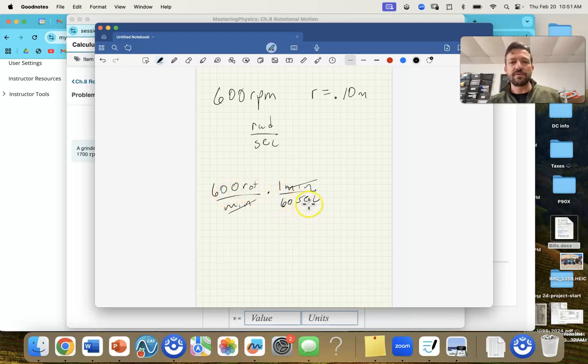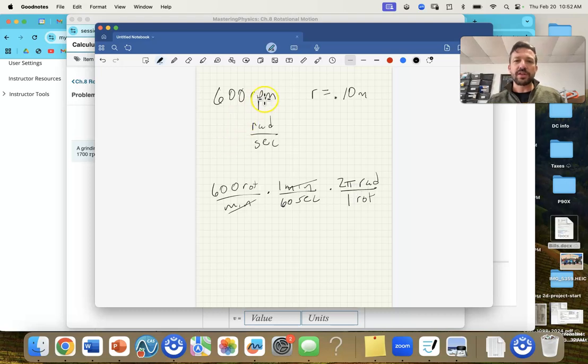So if I do 600 divided by 60, now it's in rotations per second. Now I want to switch it from rotations to radians, right? So I'm going to put rotations on the bottom and radians on top. And 1 rotation is equal to 2 pi radians, because 1 full circle is 2 pi.